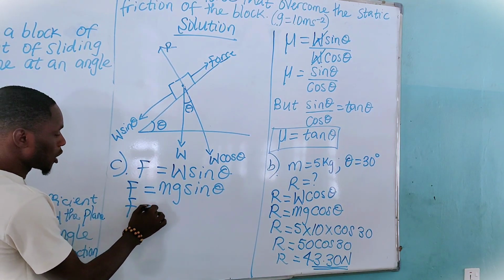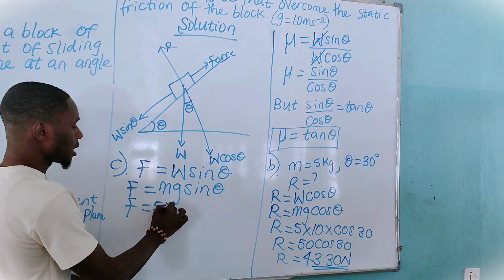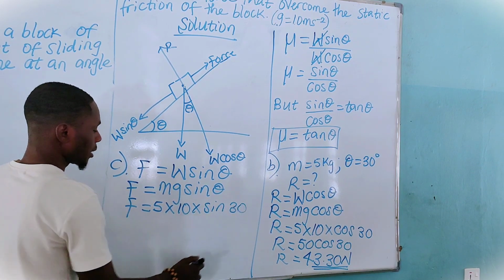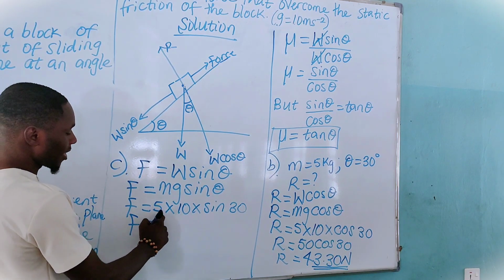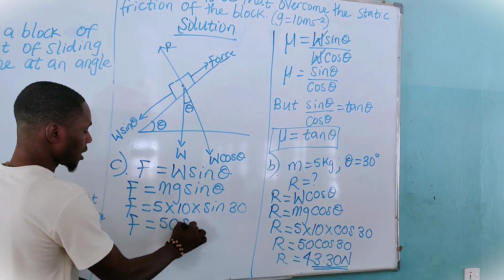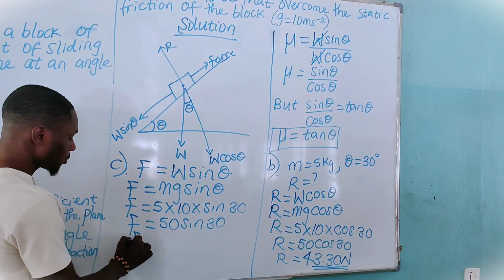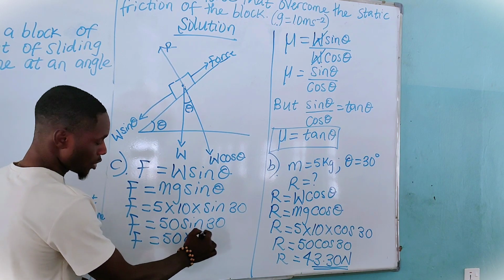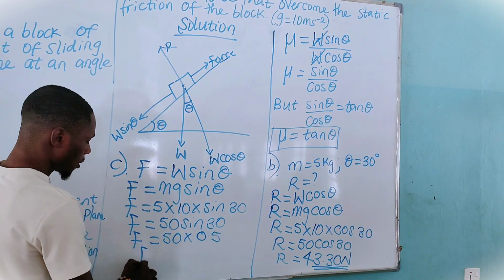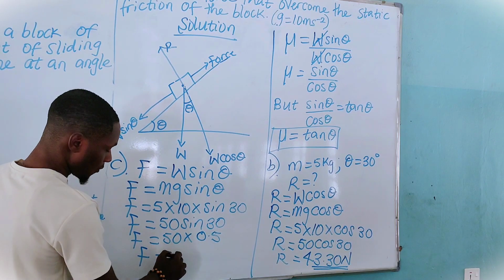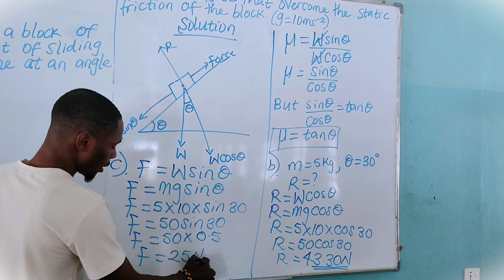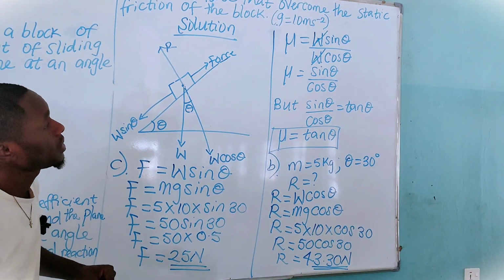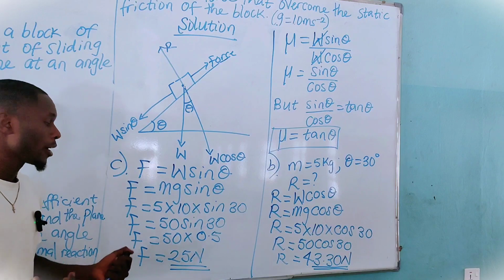So the mass is 5 kg times gravity, which is 10, times sine 30. So 5 times 10 is 50, and sine 30 is 0.5. So 50 times 0.5 gives us 25 Newton. This gives us the force required to overcome the static friction.